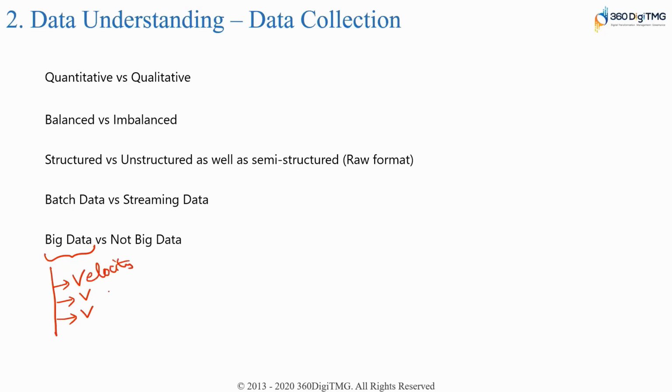Velocity, volume, variety. Having said this, these are all fine bookish examples, but if you want to really understand the definition of this, then bear one thing in mind, that you have to look at your as-is resources. What are your current resources?